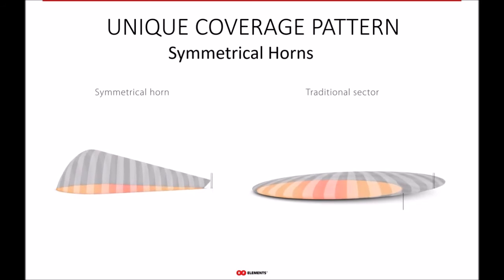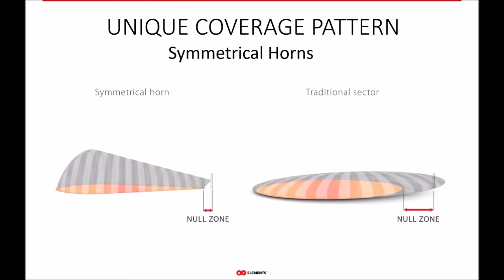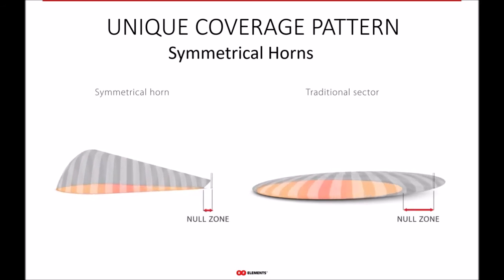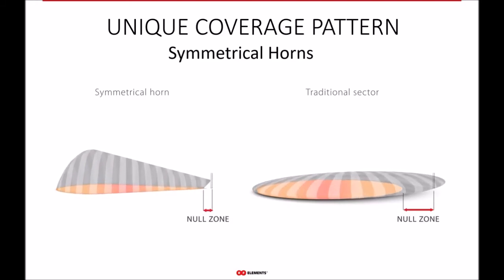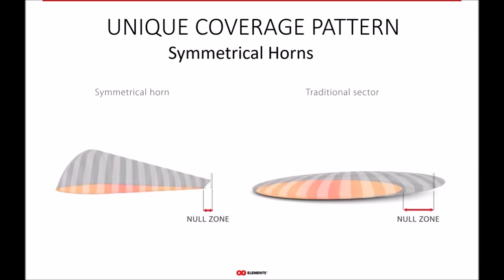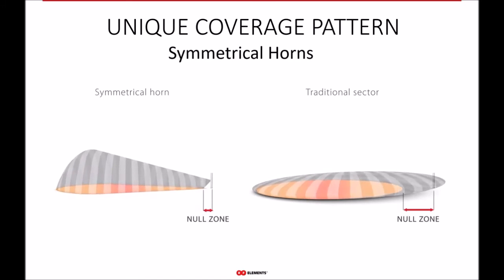The horn instead illuminates the whole surface you pointed at, and you don't even need to use downtilt. All this is thanks to the symmetrical radiation pattern, which is really a great advantage for a sector antenna. So it's really nothing to be afraid of or skeptical of, but actually another advantage to be used.